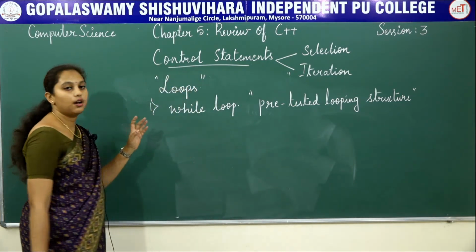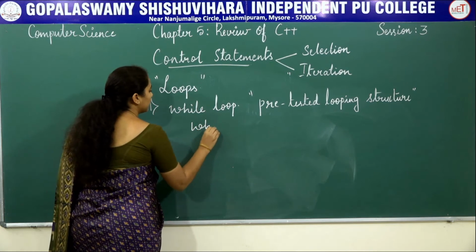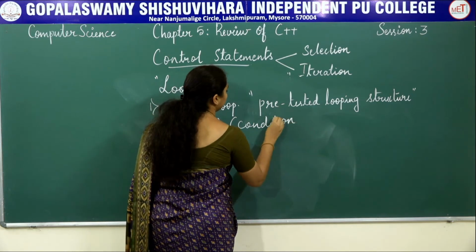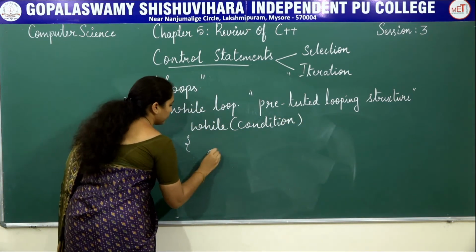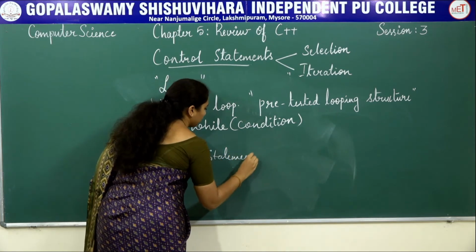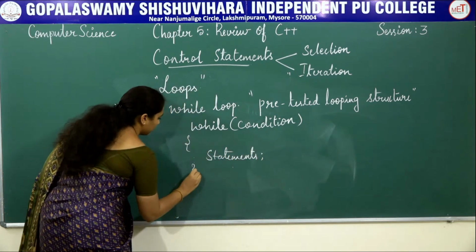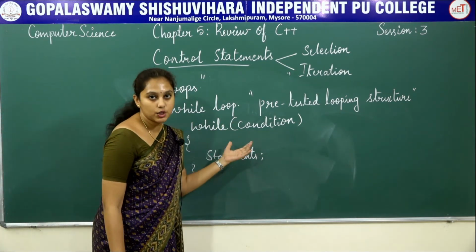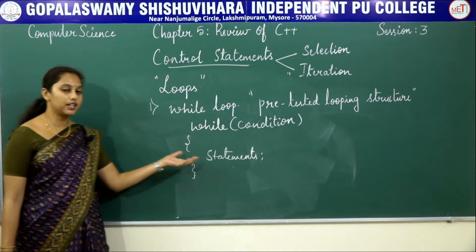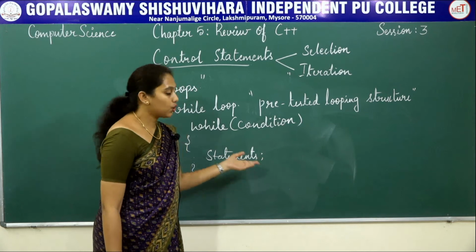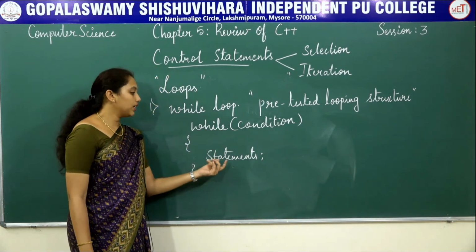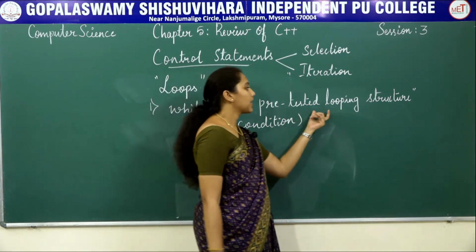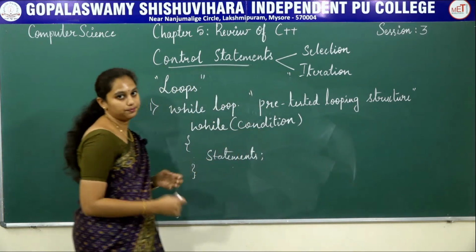The syntax for while loop is: while (condition). In while loop, until the condition gets satisfied, the set of statements is going to be executed again and again. Here in while loop, it will test the condition before executing the statements. Hence it is called as pre-tested looping structure.